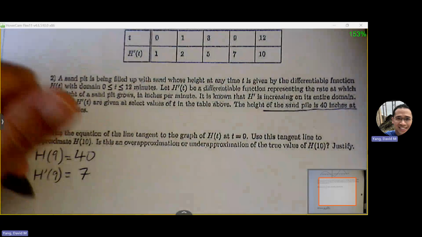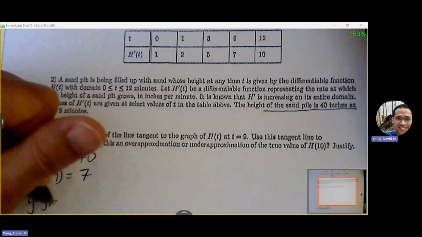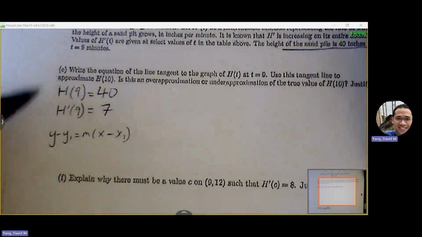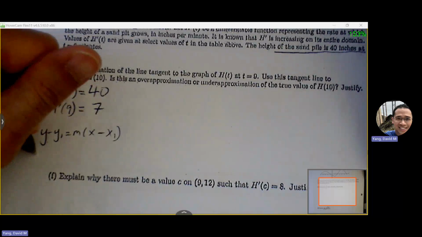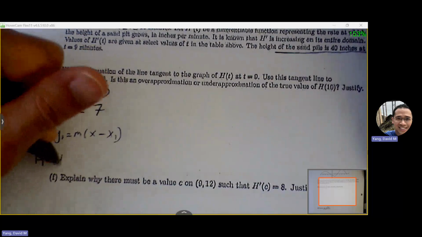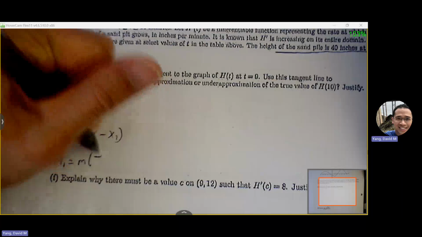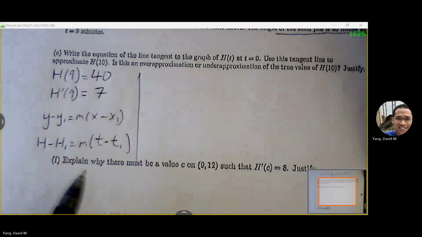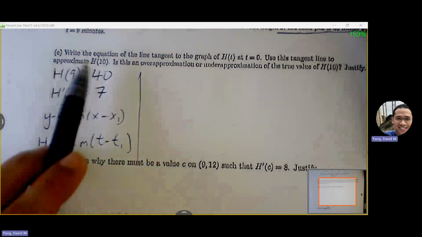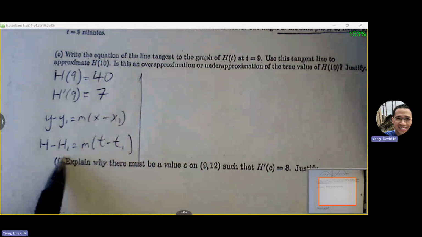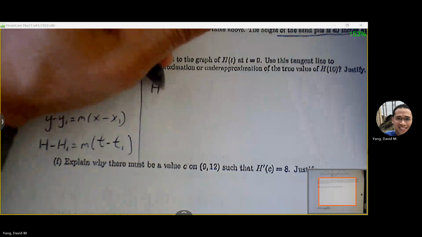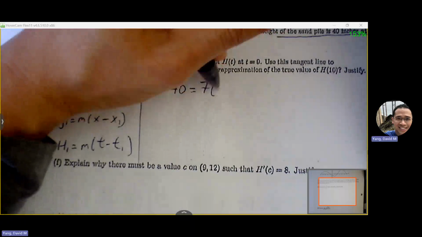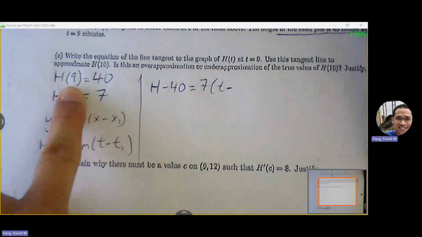Point slope form. Normally, point slope form is y minus y sub 1 equals m times x minus x sub 1. But we can just adapt it using the variables that we have, right? So we can say h minus h sub 1 is equal to m times t minus t sub 1. So h minus 40 equals the slope, which is 7, times t minus 9.